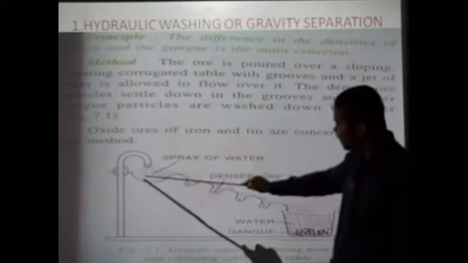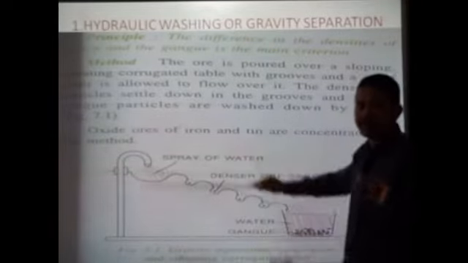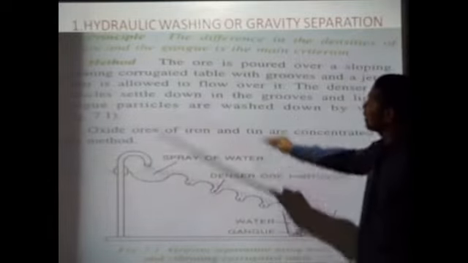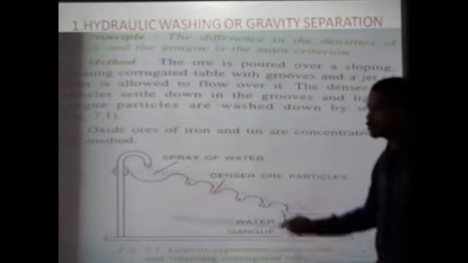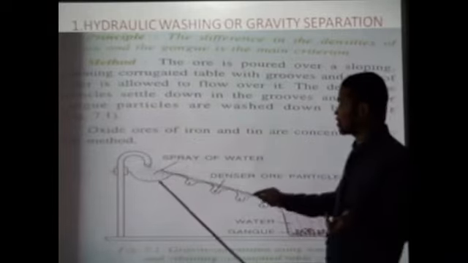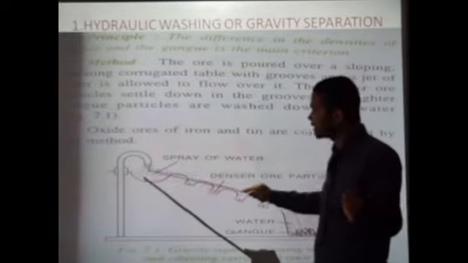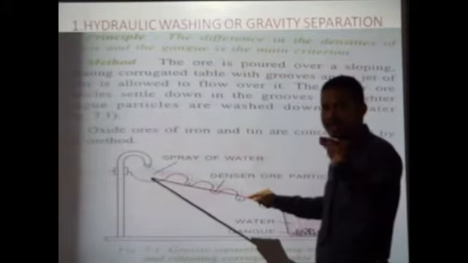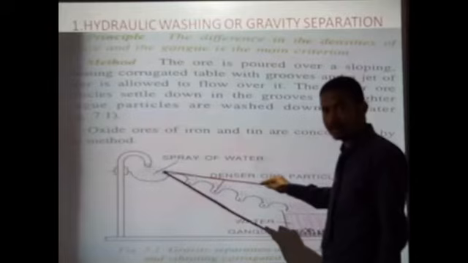So you can see here, water is coming at very high speed, and here is the mixture. Here is the ore to be concentrated, crushed or ground. Powdered ore means that after crushing and grinding of the ore is done, that crushed or ground ore is kept here.